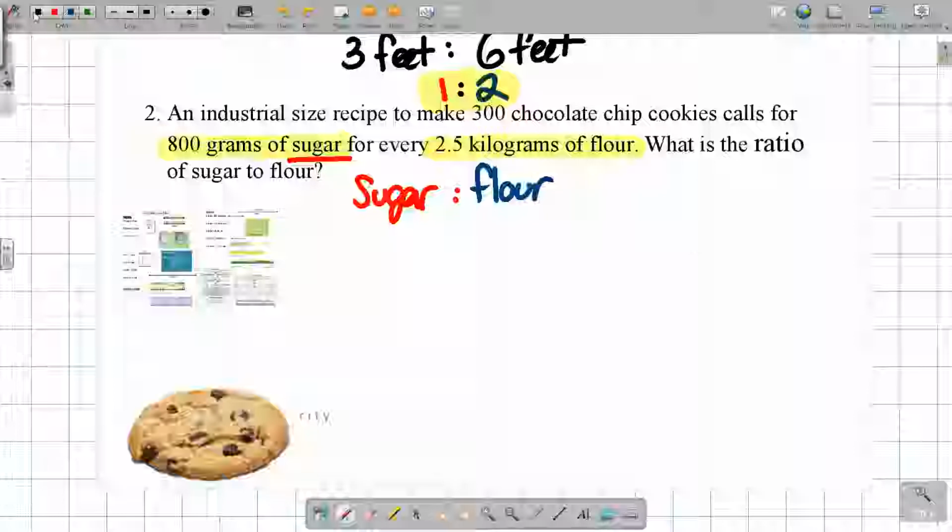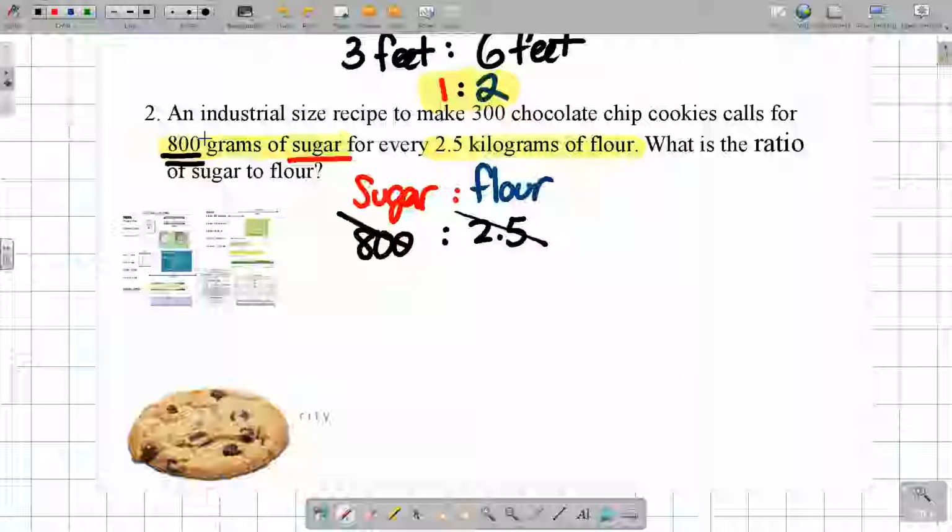Now, once again, the immediate knee-jerk reaction is to go like this, 800 to 2.5, make that your ratio. And that would be incorrect. Because it's 800 grams.